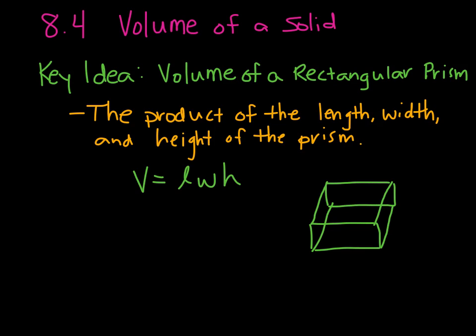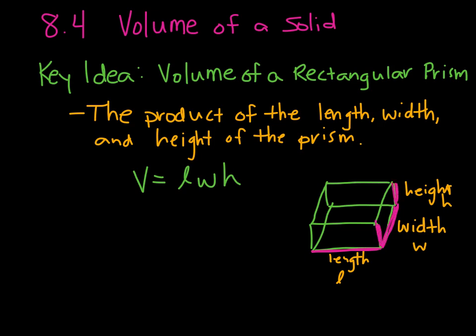Here's a rectangular prism. This would be your length, and that's represented with an L. This would be your width, and I'll show you these in just a second, which is represented with a W. And then your height, which is just an H. So, your length, your width, and then your height.